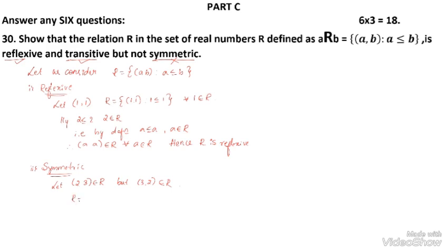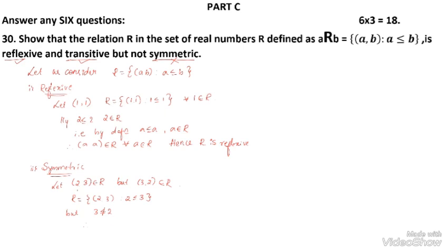There is a relation R, that is (2, 3), such that 2 is less than or equal to 3. 2 is less than 3, so the condition holds. But 3 is not less than 2. This property does not hold.